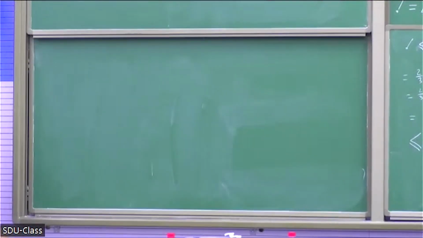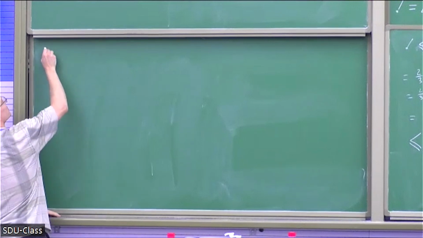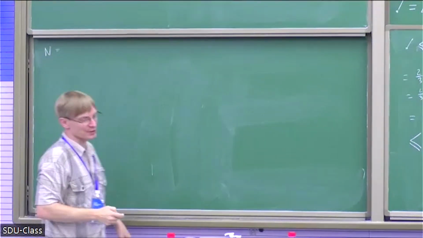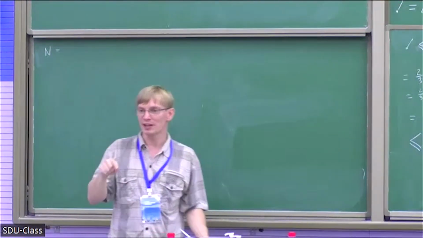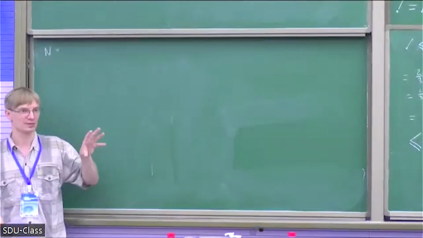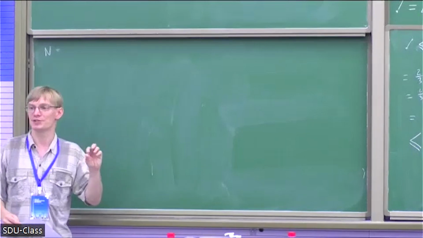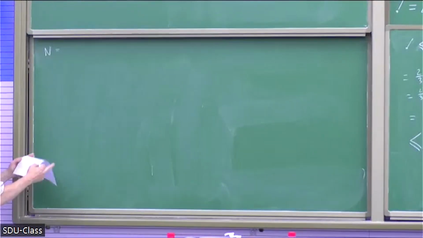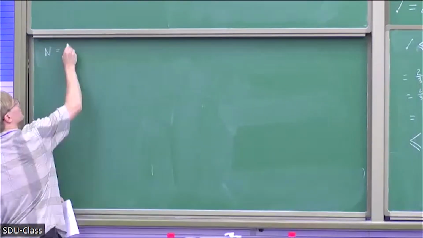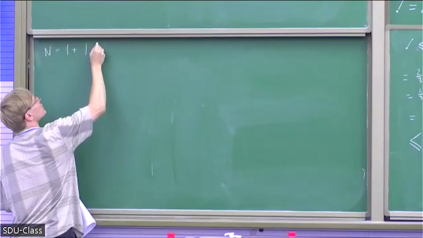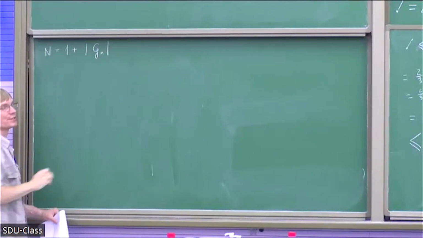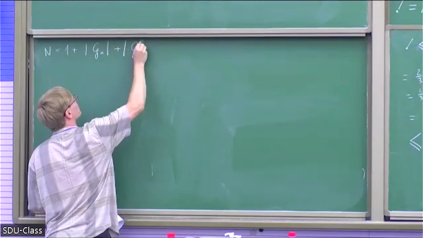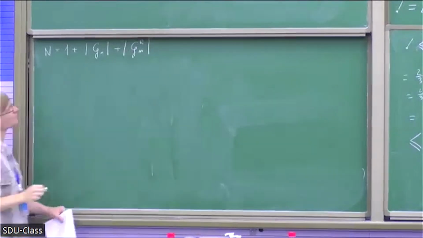So I have my problem that I want to express in this form. First, let's say what this big N is. You remember, we were fixing in our problem small n, which was the size of graph densities that we're using. We're fixing small m, which was the size of flags we were using. And here I'm taking 1 plus number of graphs on n vertices plus number of those rooted graphs on m vertices.